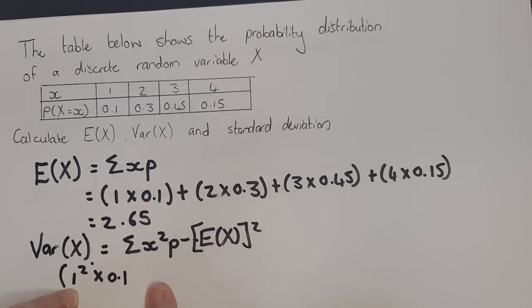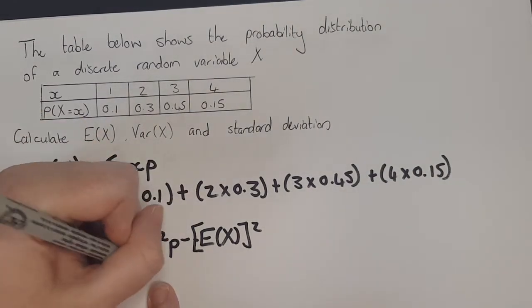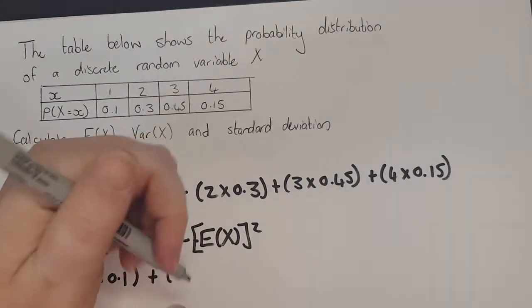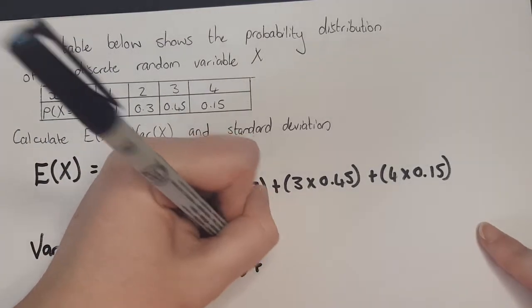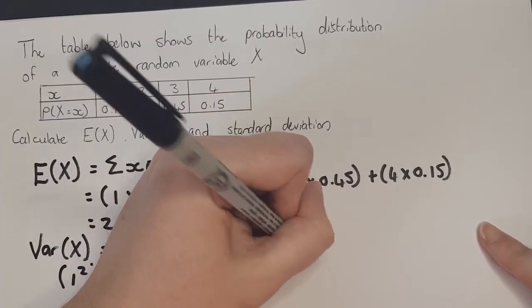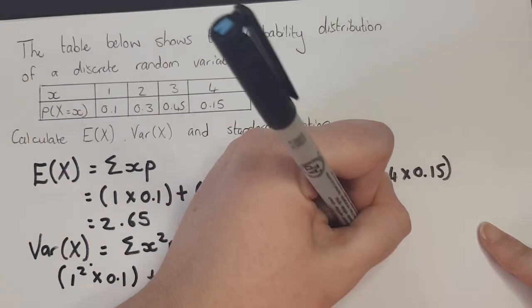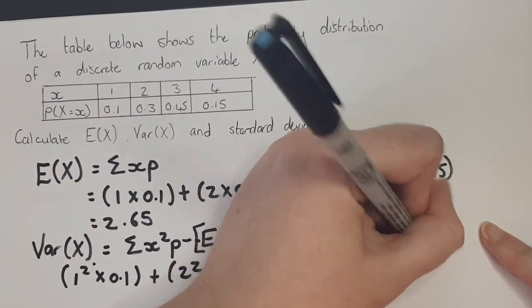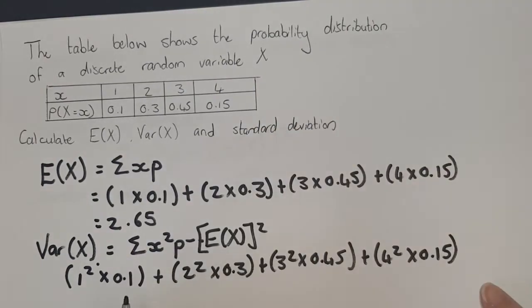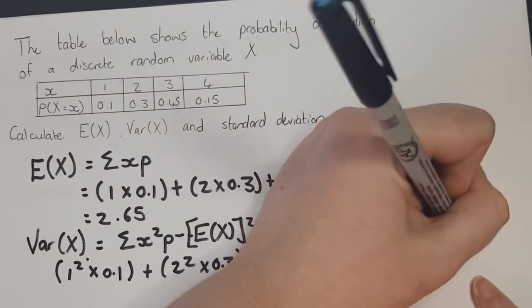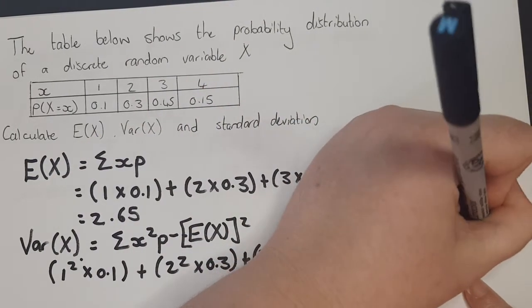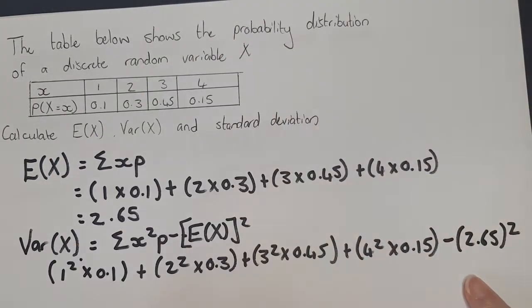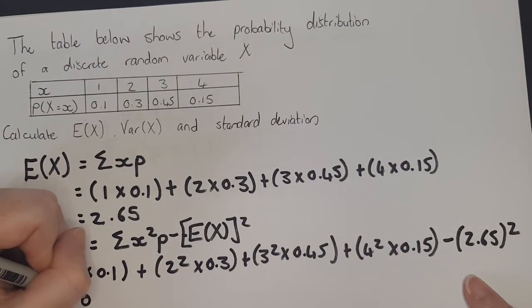So it's going to be 1 squared times 0.1, plus 2 squared times 0.3, plus 3 squared times 0.45, plus 4 squared times 0.15. And then from there, I subtract the expectation that I just calculated, 2.65 squared.